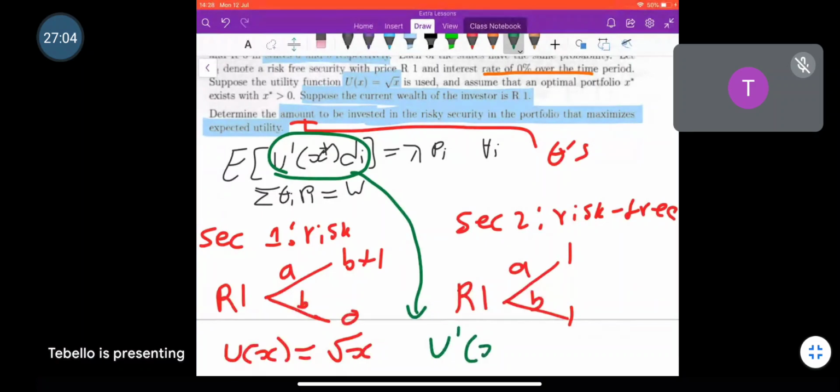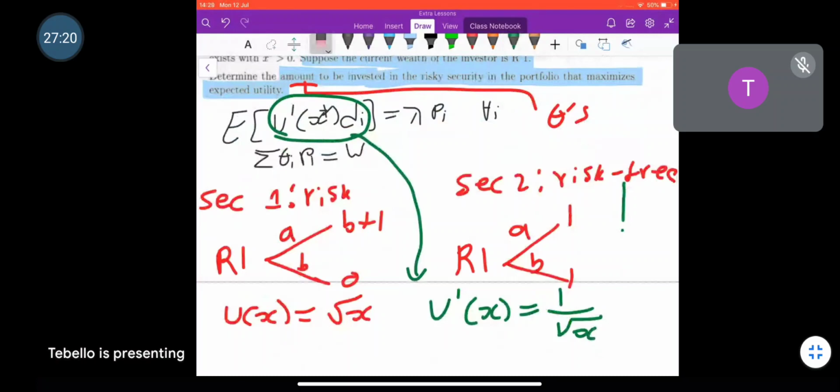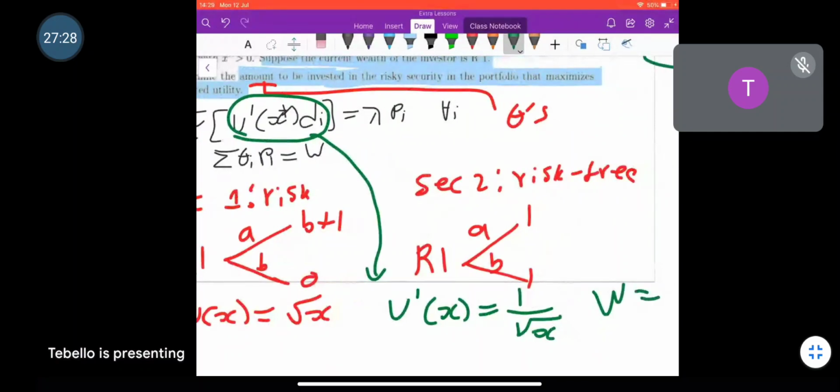It's going to be 1 over the square root of x. And another thing we have to take into consideration is that the wealth of this individual is going to be equal to 1 as well.